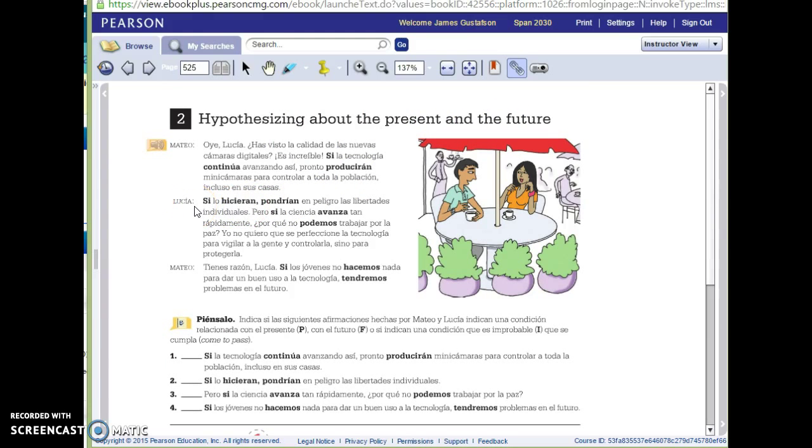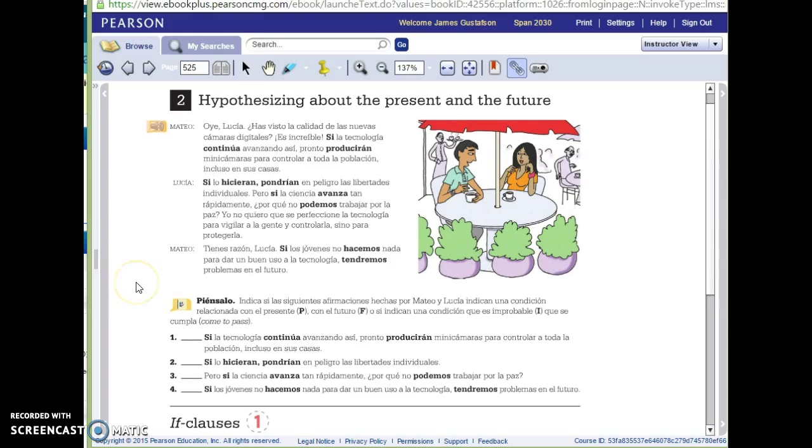And there are certain patterns that you will see with these si clauses. So for example, it's in bold here for you. You have si plus the present tense, and then in the second clause, the future, right? Or down here, number 3, you have si plus the present tense plus the present tense. So number 1 and number 3 are to hypothesize about the future.